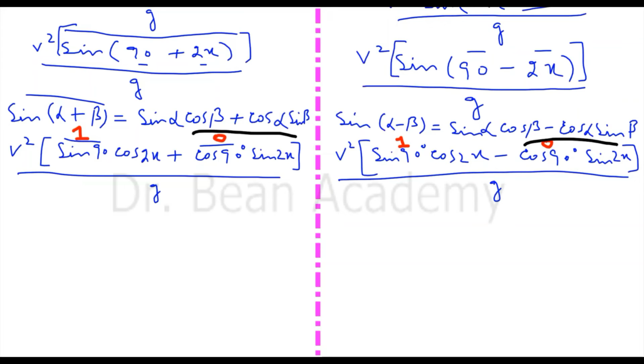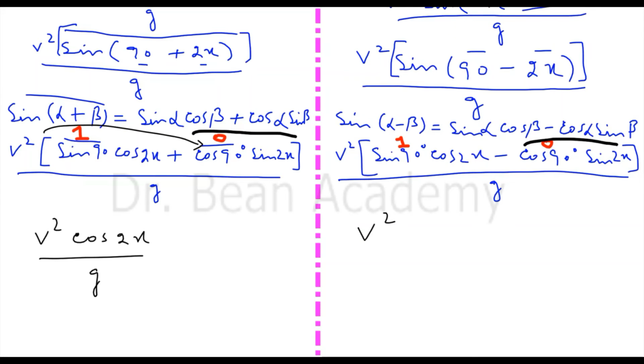So let's rewrite this expression, the reduced form of these expressions. So it will become v squared cosine of 2x, and of course this v squared will also be multiplied with 0 and it will end up with 0, and then I can divide by g, and I can write the expression on the right side.